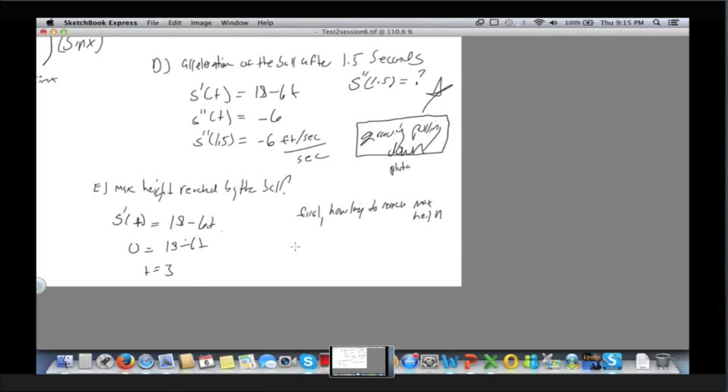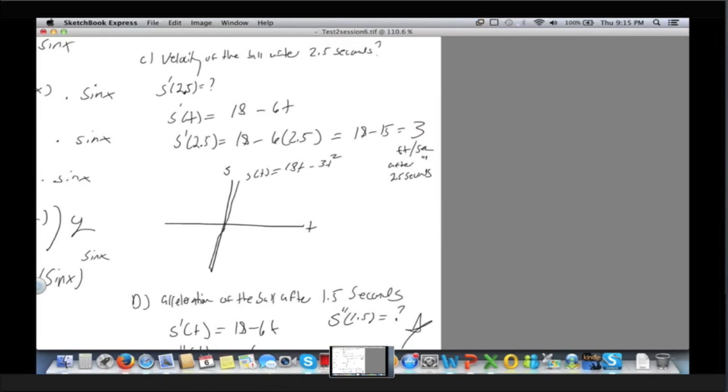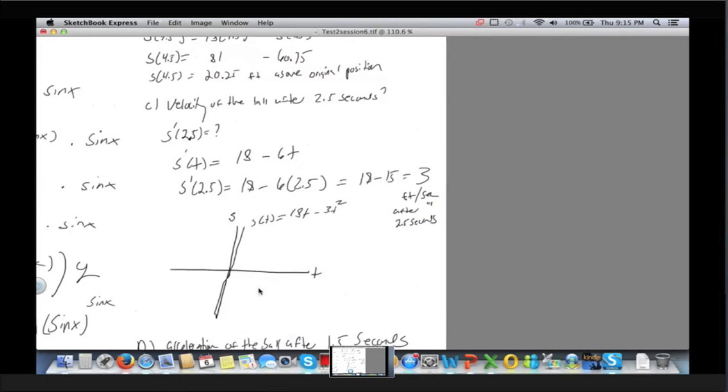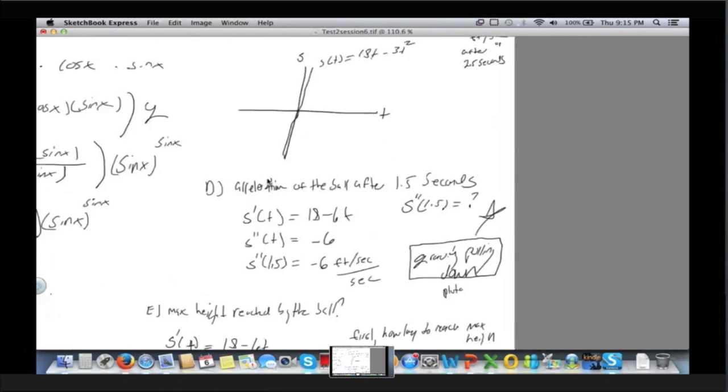Now the original function was s of t equals 18t minus 3t squared.